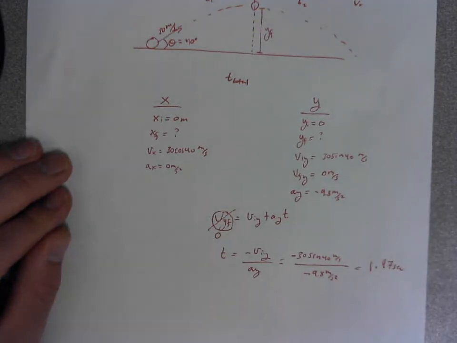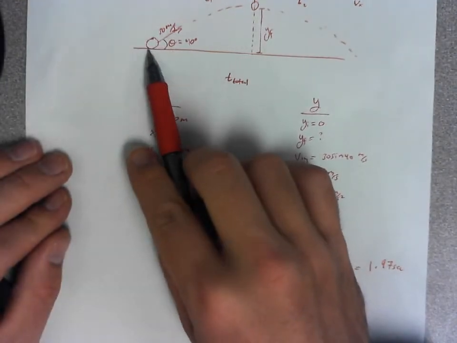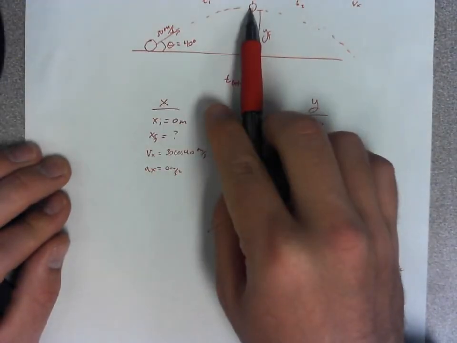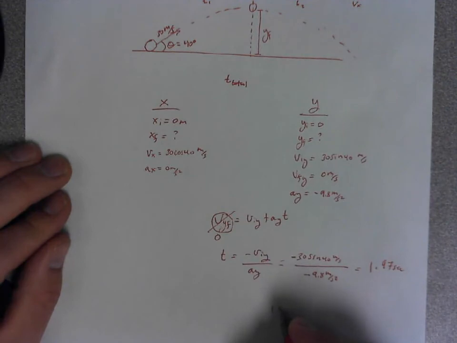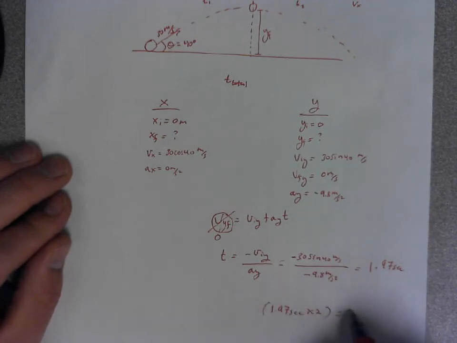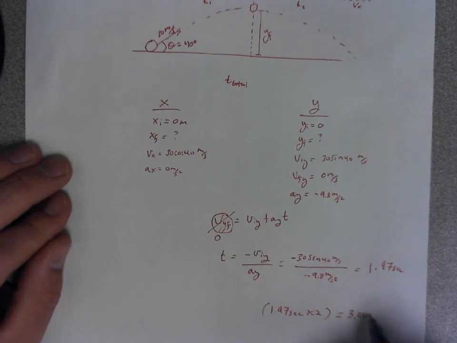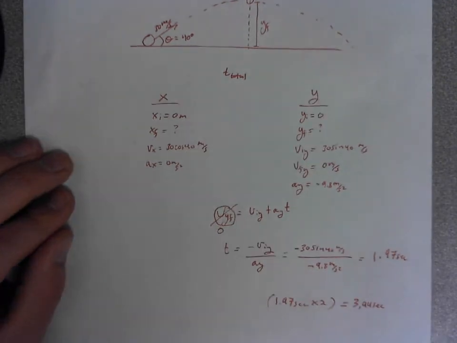But that's only how long it takes for the ball to go from here to here. So I just take that 1.97 seconds, multiply it by 2 to get t1 plus t2, and you're going to get 3.94 seconds, and that's your answer.